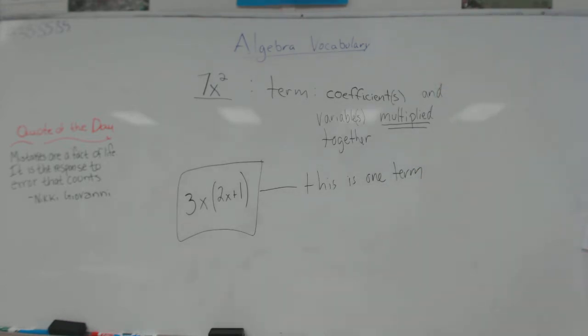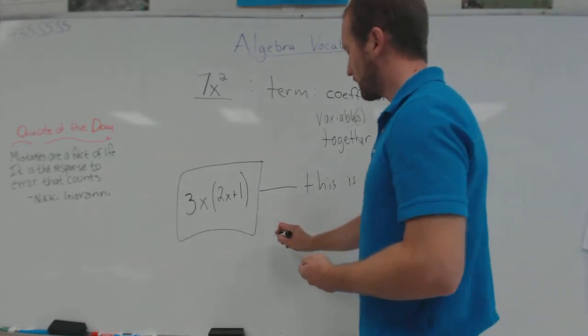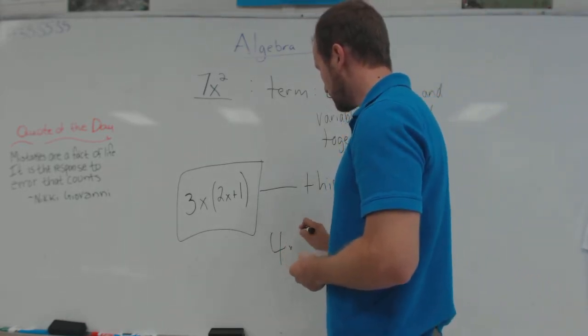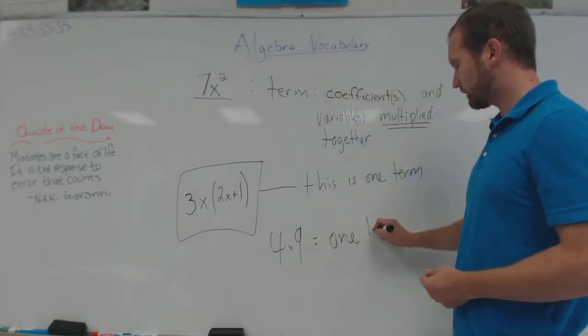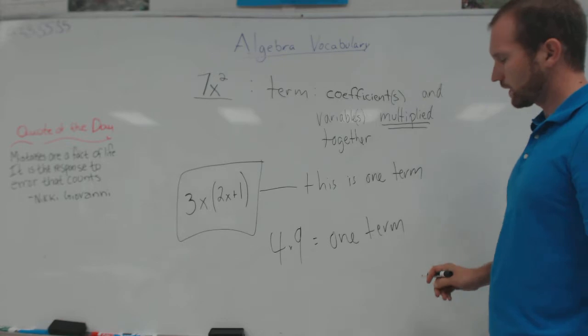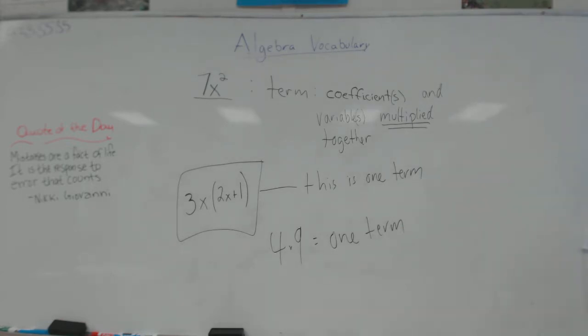Yeah. What if it's like 4 times 9 and you actually have the multiplication symbol? Would it be 2 terms? That's still one term. Yeah, so 4 times 9, this is one term, because they're being multiplied together.